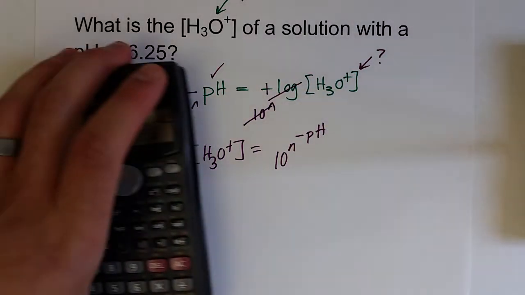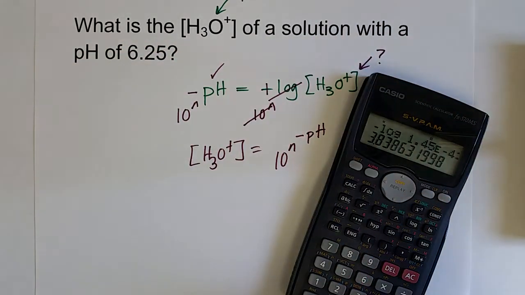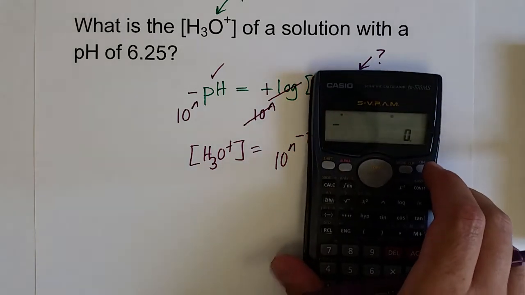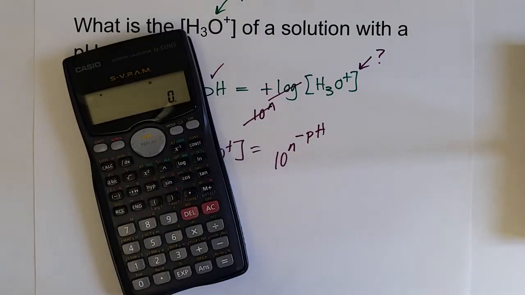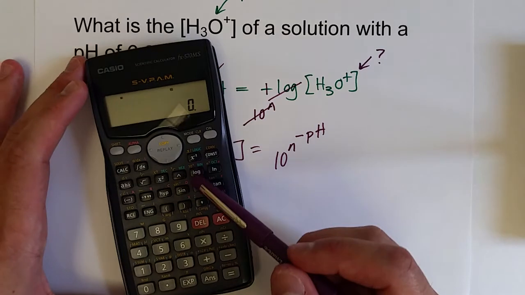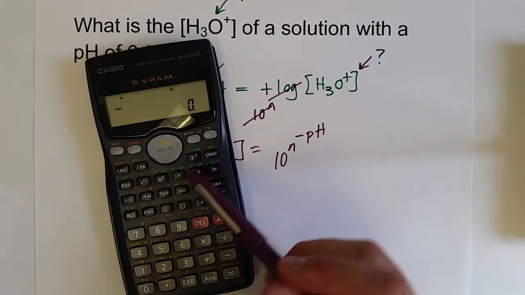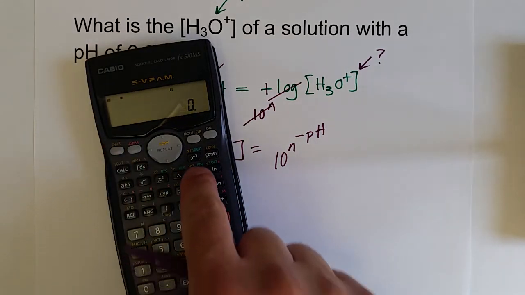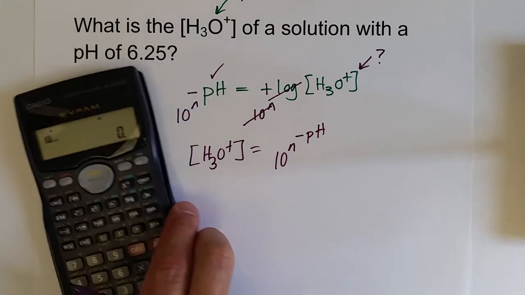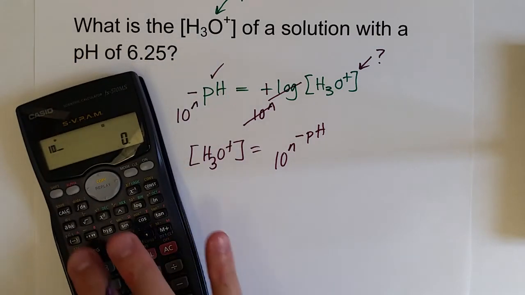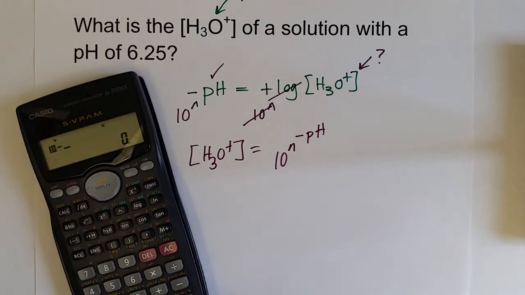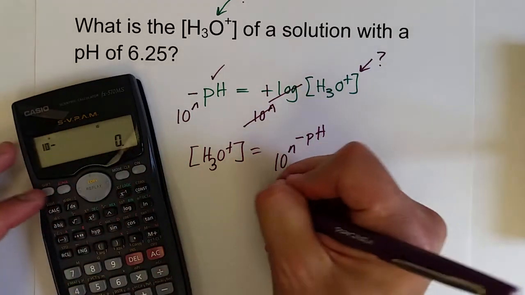And so we can throw this into our calculator. We just need to find the anti-log button, and usually that is the second log button. So there's my log button. I hit shift second, and there's my little 10 pop up, and 10 to the negative 6.25.